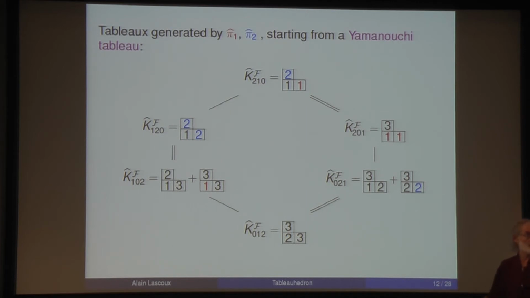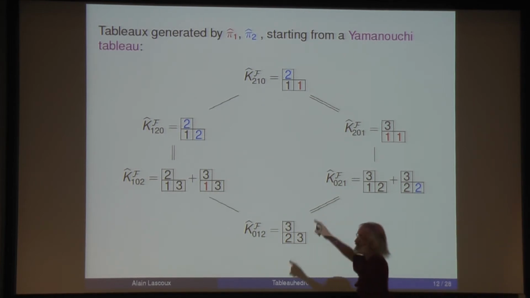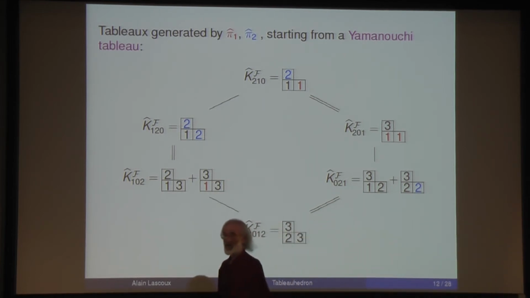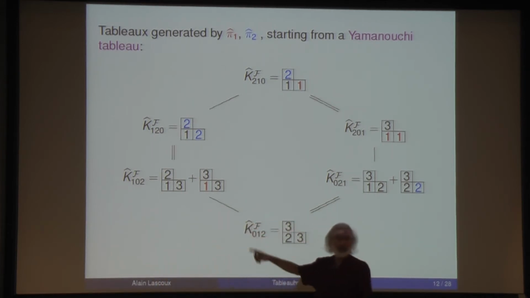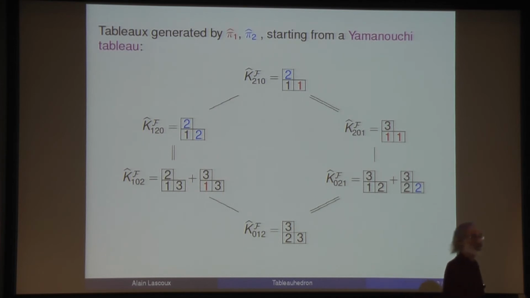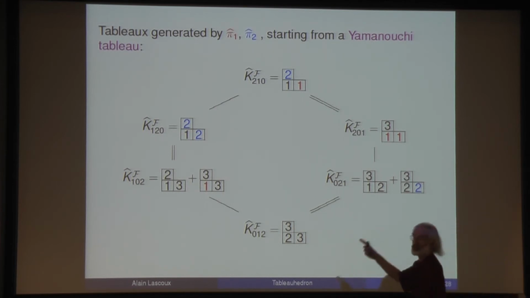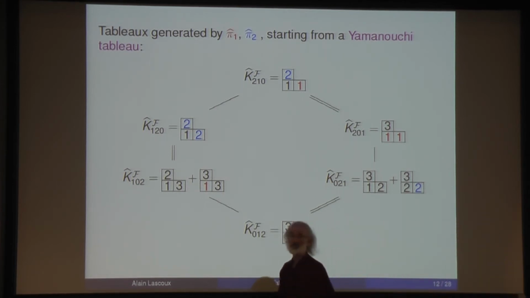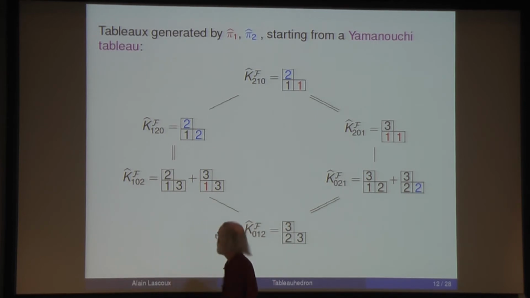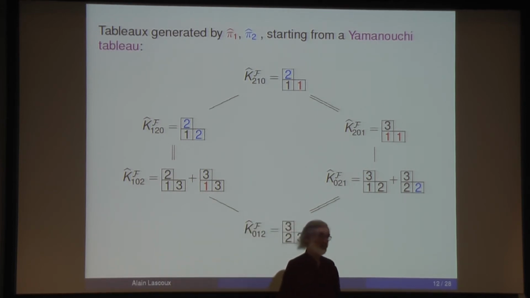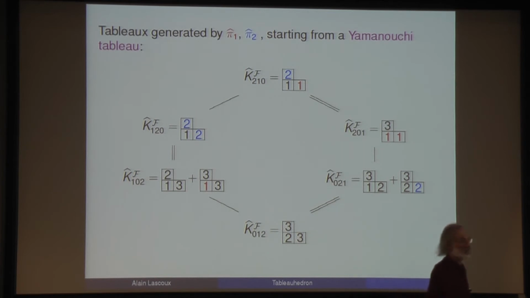And what I'm left with is only the letter 1; at the commutative level, x1 is sent to x2, so here it tells me that I have to change this 1 into a 2. Now I'm looking at the operator which deals with 2 and 3, so I have 2, 2, and 2, 2 is exchanged into 2, 3 plus 3, 3, and this is what I've written here, and so on.